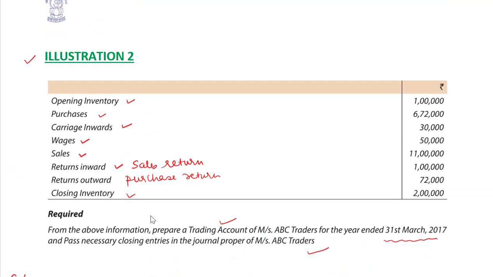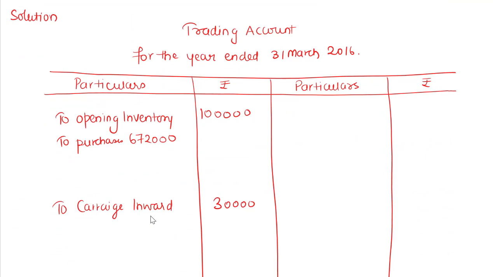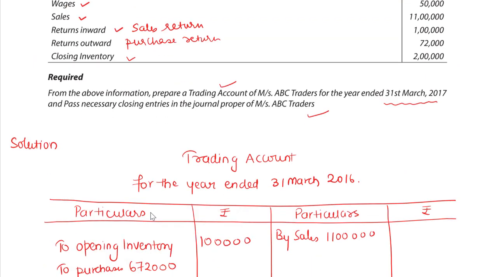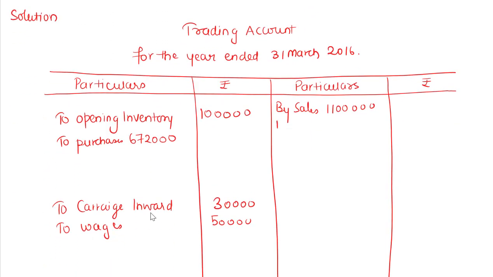Next, wages 50,000, sales 11 lakh. To wages 50,000. By sales 11 lakh. Return inward, sales return is 1 lakh. Less sales return, 11 lakh minus 1 lakh is 10 lakhs.